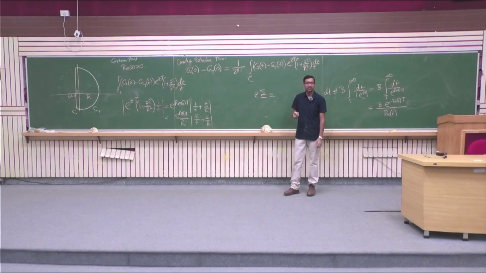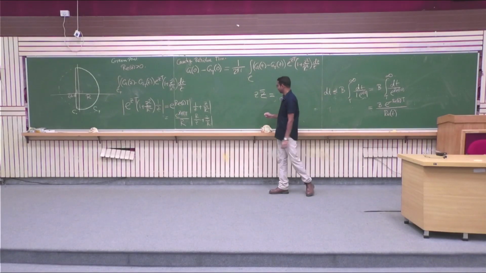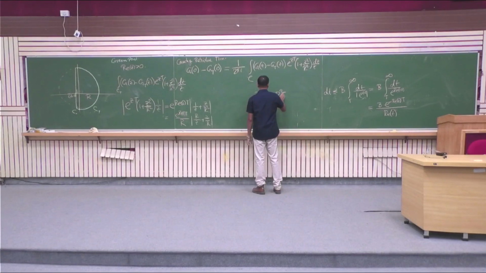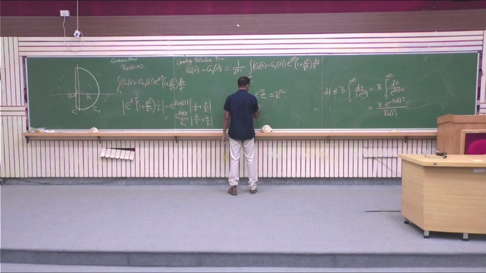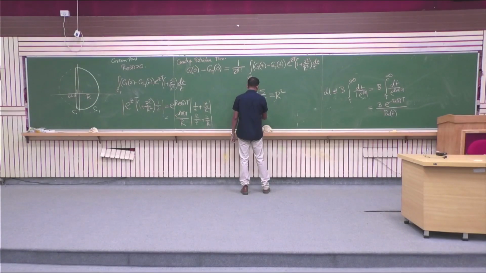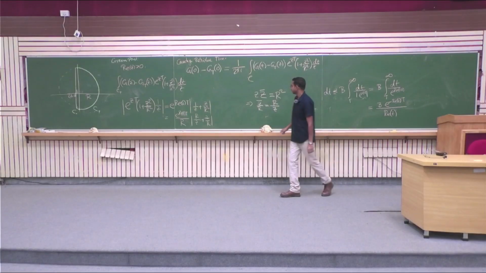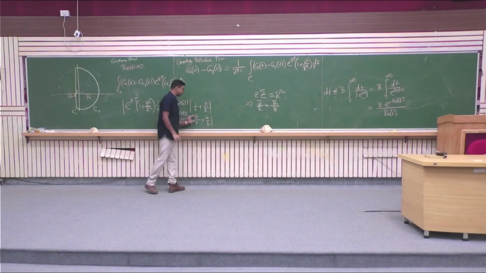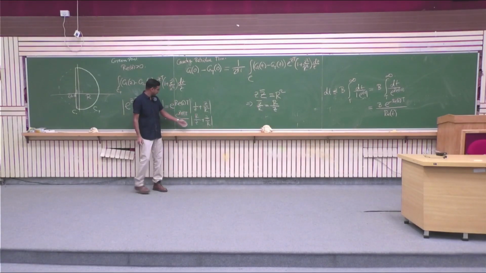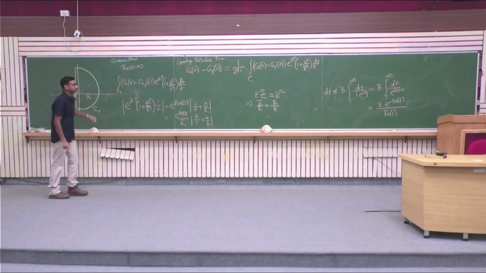It's on the circle of radius r, so z z bar is r squared. That means z bar by r is equal to r by z on the circle, so you can replace r by z with z bar by r when you are on this green line.